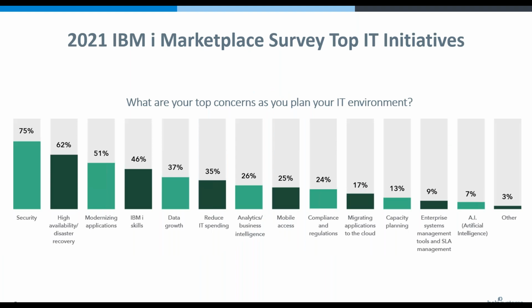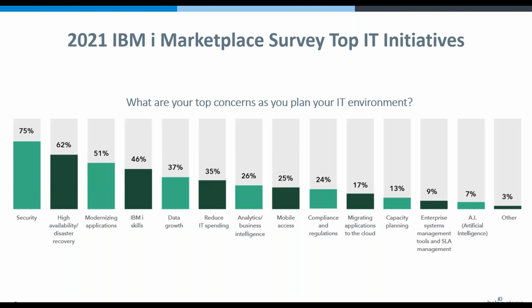If you don't know by now, I do the IBM i marketplace study. I've been doing that for 7 years. And in that study, we know that there are some things that are high on everybody's mind. Interestingly enough, we also do a similar study for the AIX platform. And IBM i security is much higher than it is on AIX as a top concern, then high availability, modernizing applications, IBM i skills, and data growth.